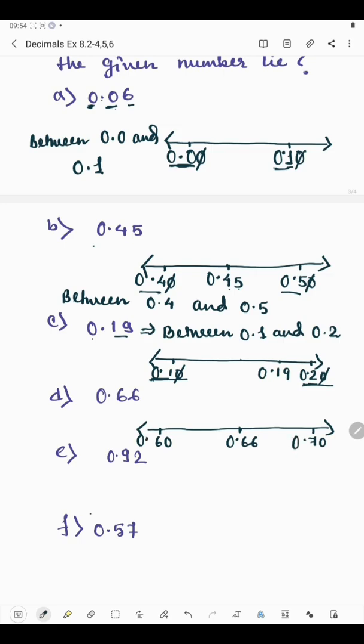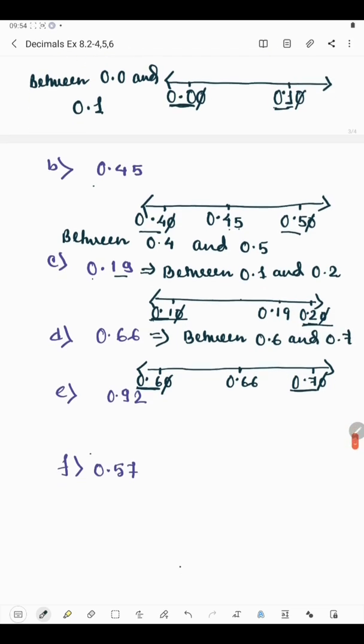Since we will have to make 10th place only, it will be 0.6 and 0.7. This 0.66 will lie between 0.6 and 0.7. Now coming to E part.